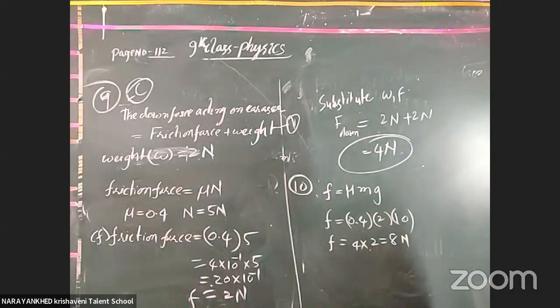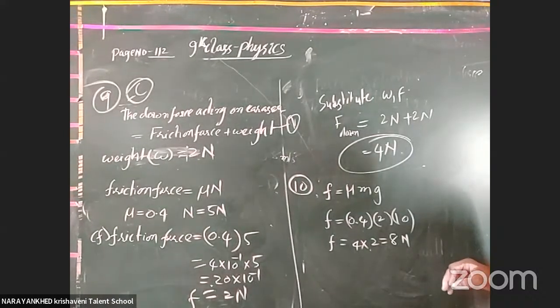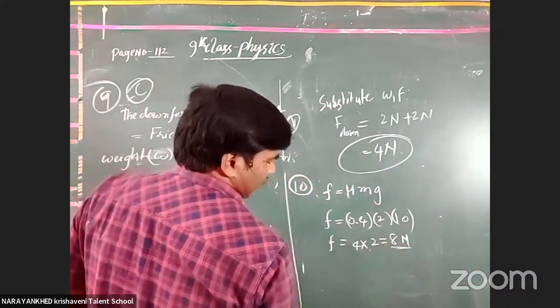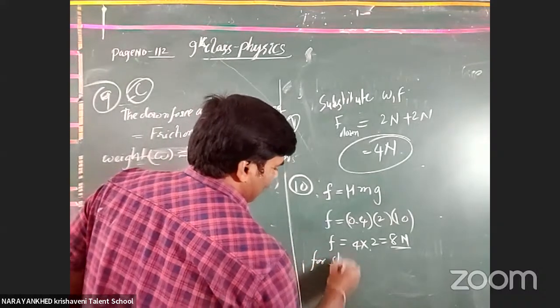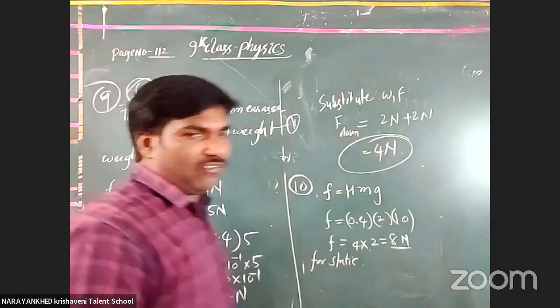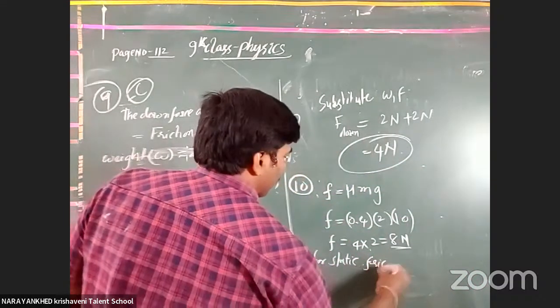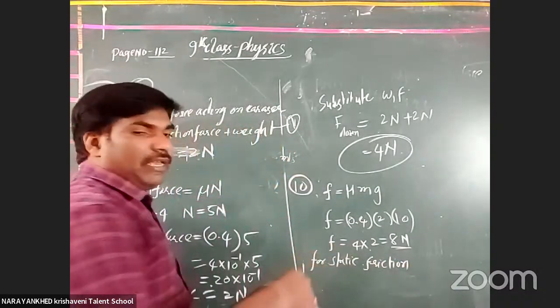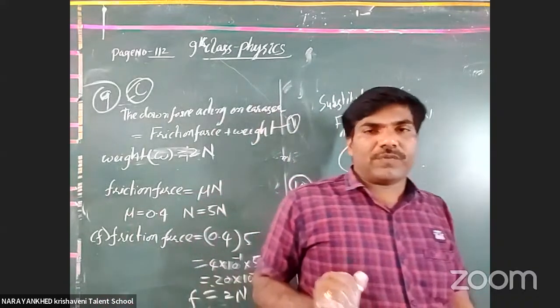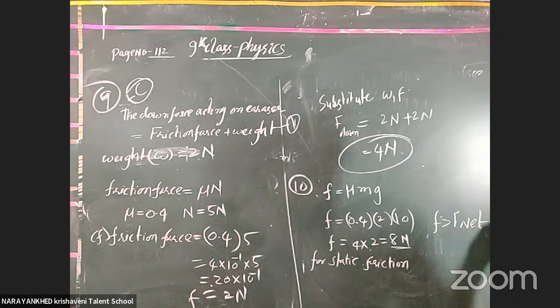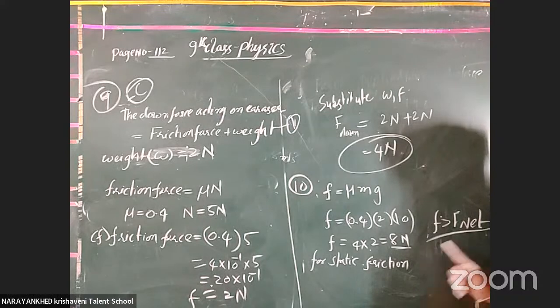What we have to consider here is that small f is less than or equal to F net. Here, what is given is the static coefficient, static friction only. For static friction, the force should be less than or equal to 2.8. Here f is given as greater than F net.